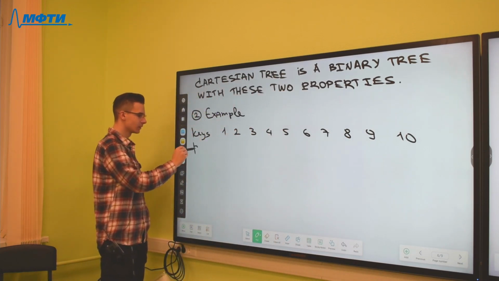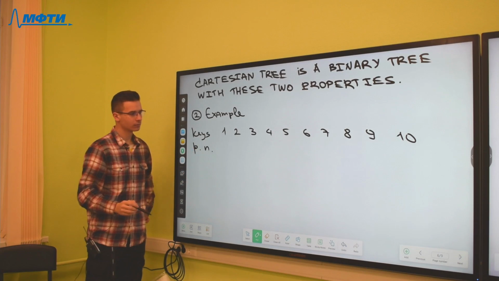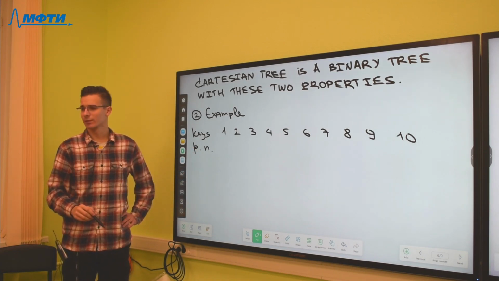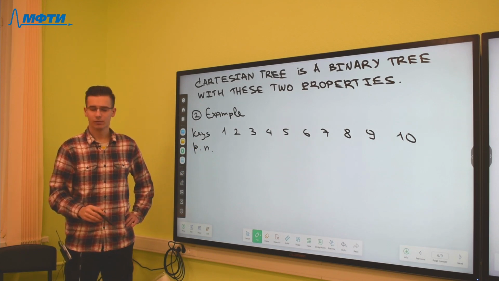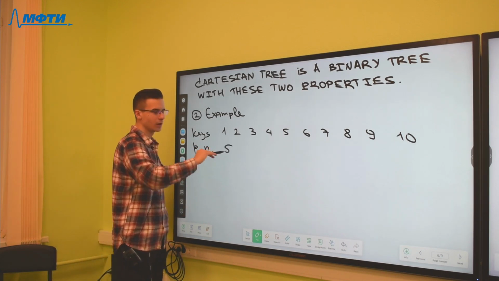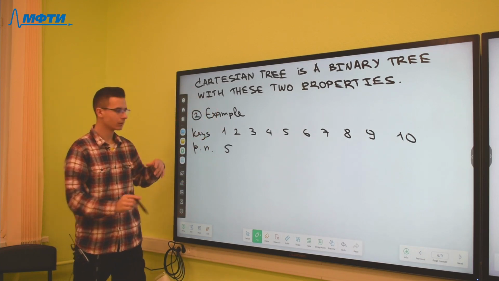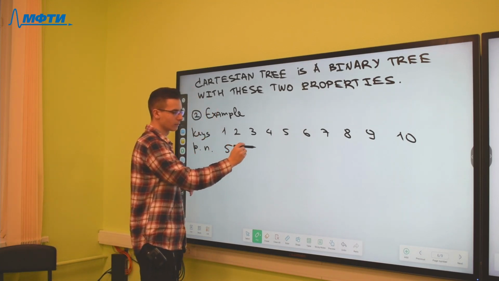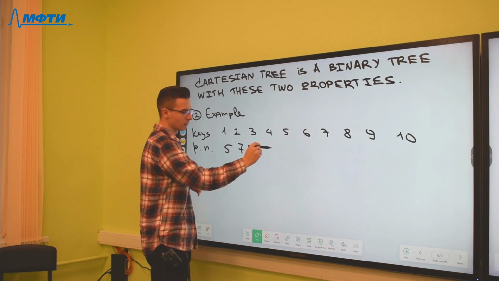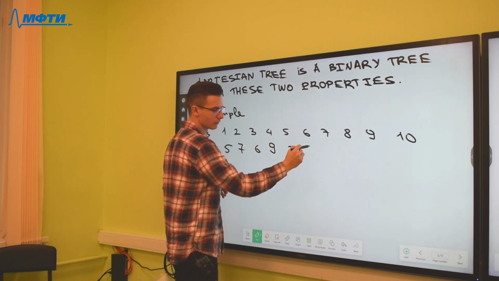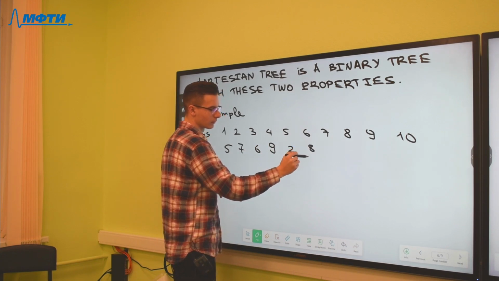Can you say some integer numbers, in different order? 7, 6, 8, 2, 8, 1.